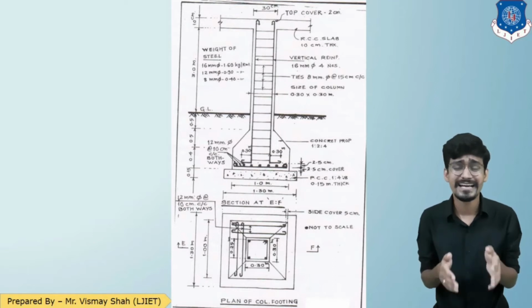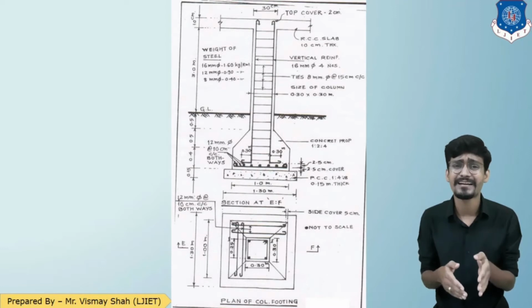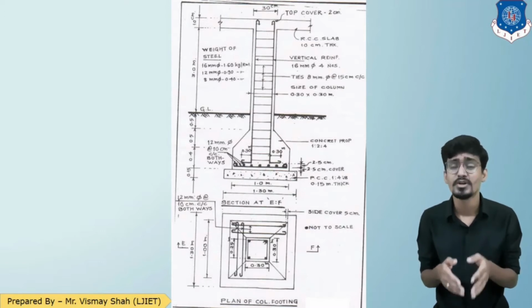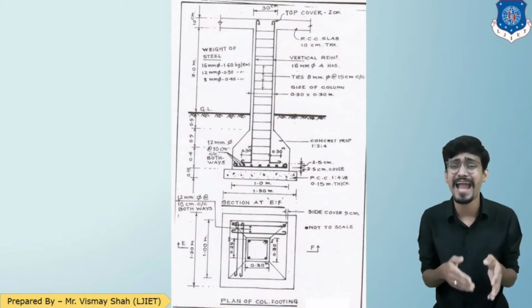So this is our RCC column, for which we need to find out 3 quantities: excavation and PCC for the column footing, concrete and formwork for column and column footing, and steel reinforcement quantity for that column footing and the column. So starting with our first quantity, which is excavation and PCC, let us see.